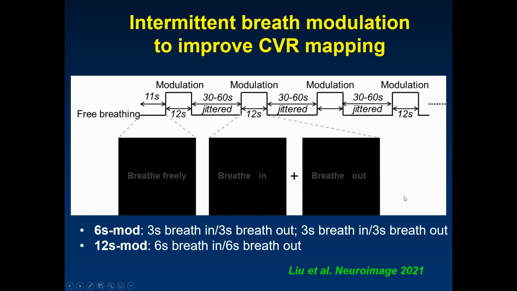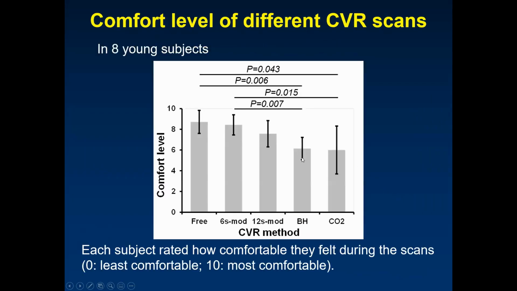Then we tried this method and compared it with free breathing, which is the pure resting state scan, and the breath holding method, and also CO2. First, we had the subject rate how comfortable they felt after each scan.